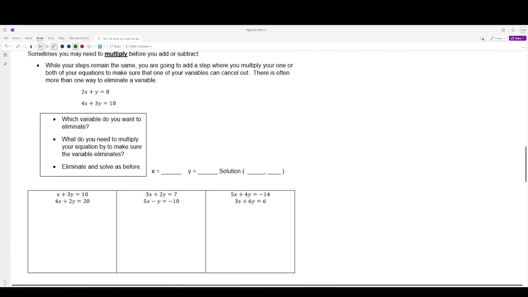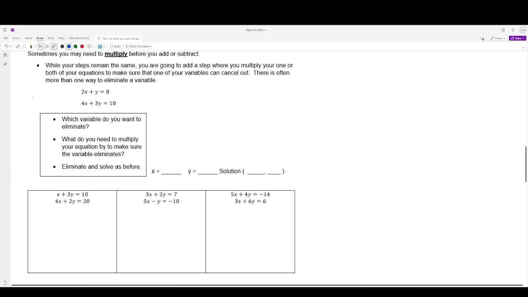So on this example, we can again have two options, right? We can always choose to eliminate x or y. If I want the x's to eliminate, I would need to multiply the top equation by -2. That way I would have -4x here and +4x here. The alternative is to multiply the top equation by -3, so that I get -3y and +3y, and the y's eliminate.